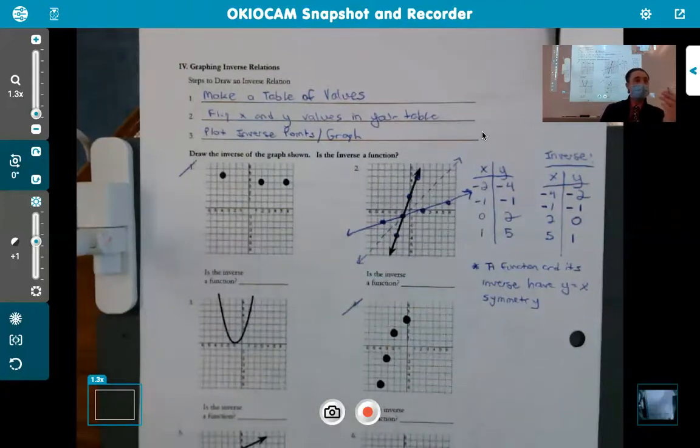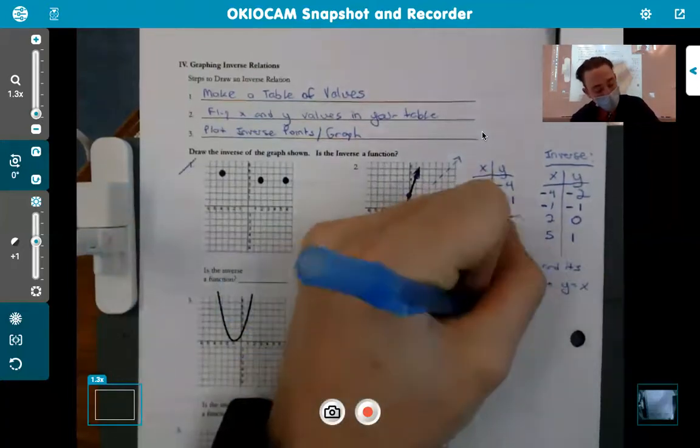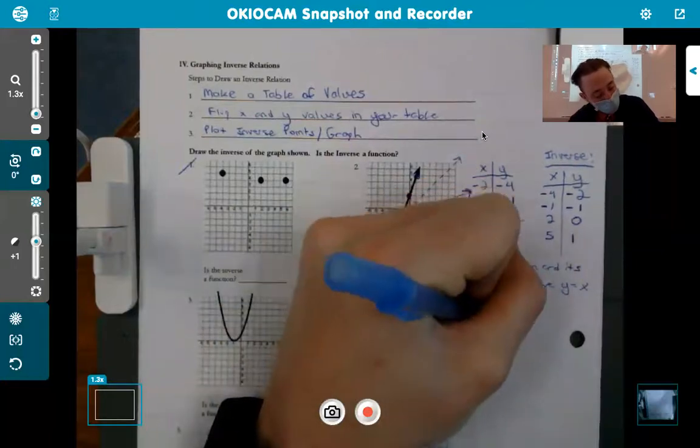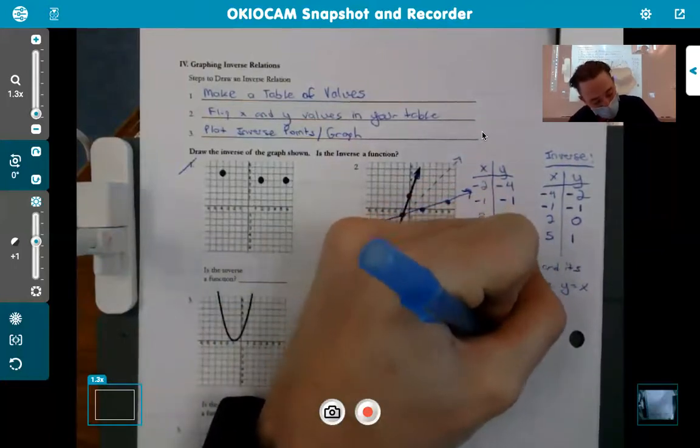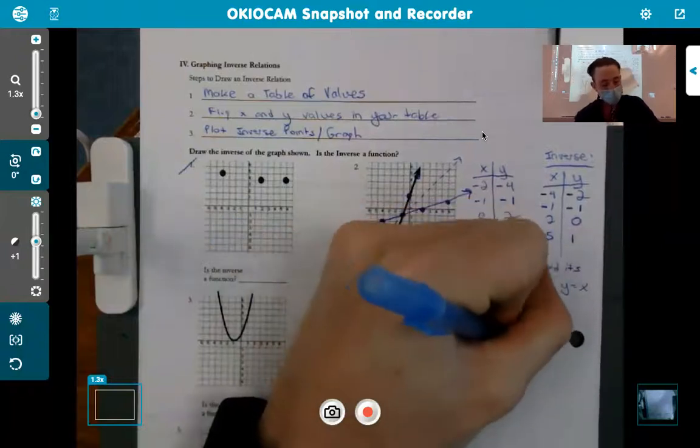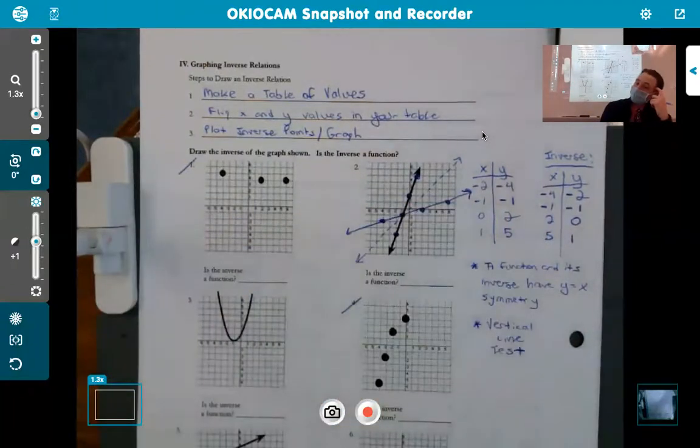Any questions about that? Just the property of inverses. The other thing that I want you to bullet point or jot down, I just want you to write vertical line test. All right.